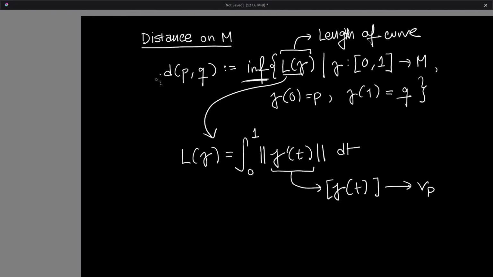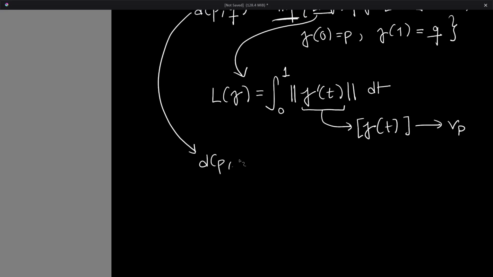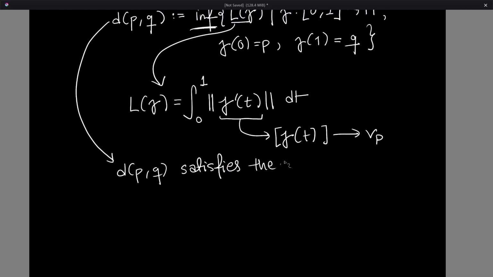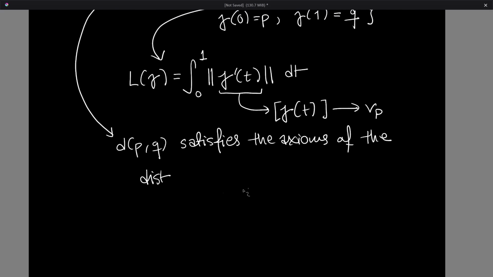The interesting thing and the real reason I wanted to define this is because d of p q satisfies the axioms of the distance function. I don't want to also call it the metric because we're going to get confused with the metric that is g. I'll call it the distance function of a metric space.